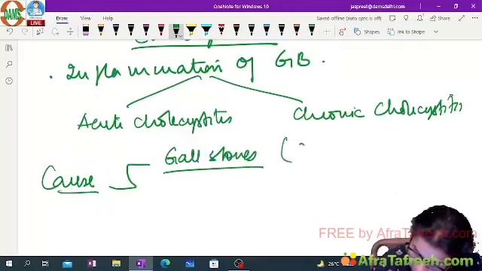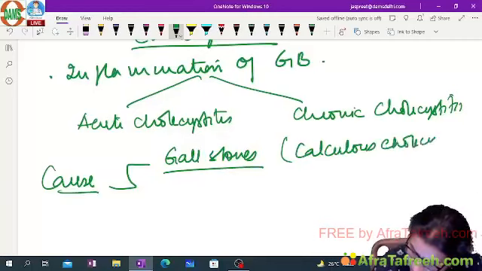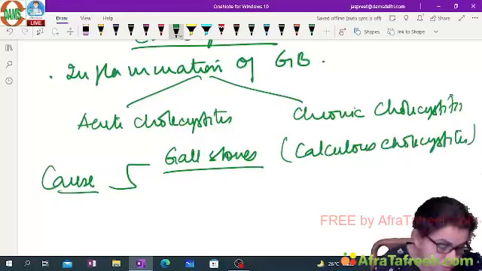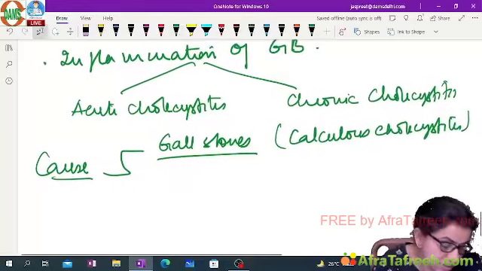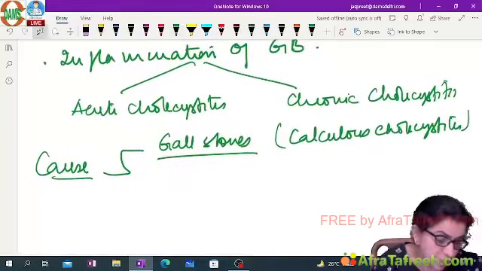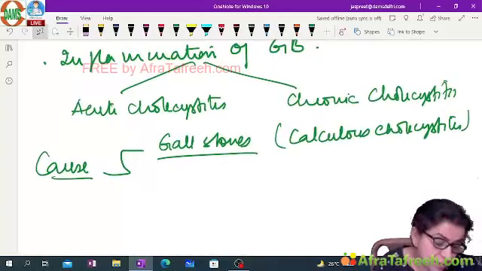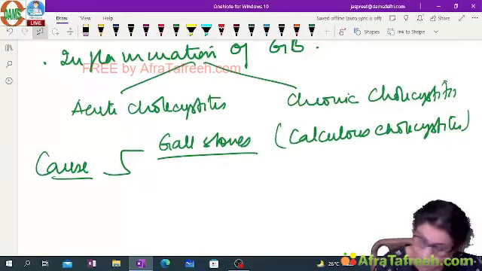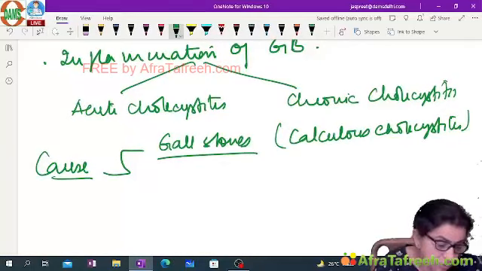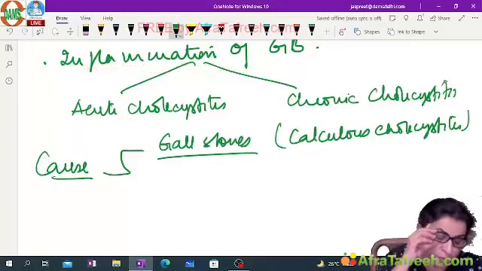So the most common cause is gallstones, that is calculous cholecystitis. There is usually a stone at the neck of the gallbladder or in the cystic duct.